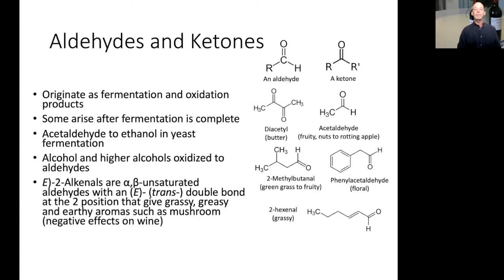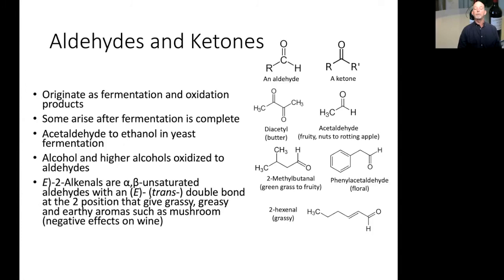Other compounds found in wines are aldehydes and ketones. So here's an example of what an aldehyde is, a carbon with a double bonded oxygen and a hydrogen, and a ketone, which replaces that hydrogen with another carbon or R group. These compounds originate in fermentation and are produced by oxidative reactions.